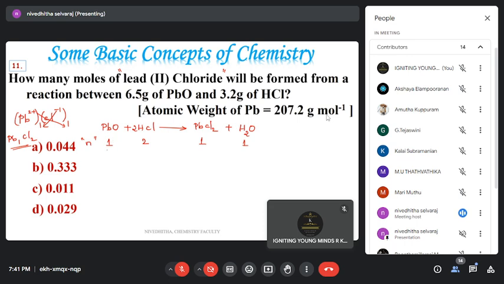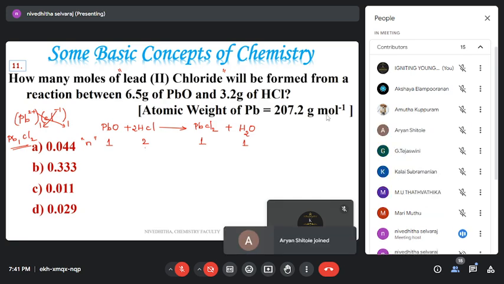Or the quantity of lead oxide reacted will give the same quantity of lead chloride. Or the quantity of lead chloride formed will be half the quantity of HCl. These are all the inferences we can make from this balanced equation, right? Okay. So I've written the balanced equation, and from it, I came up with the inference.